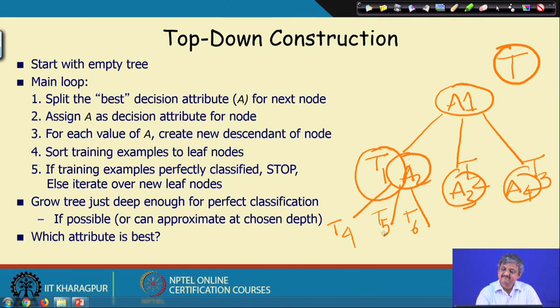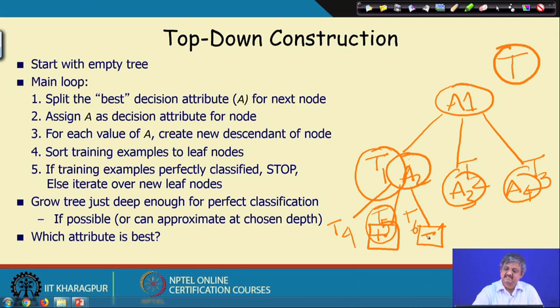Now, if in a particular branch this set of examples T5 belongs to a single class, I do not split it further and make this a leaf, and whatever is the class of T5 I put that class here. Similarly, I check a node: if it is pure, that means all the points in T6 are from a single class, I make it a leaf, I do not split further.